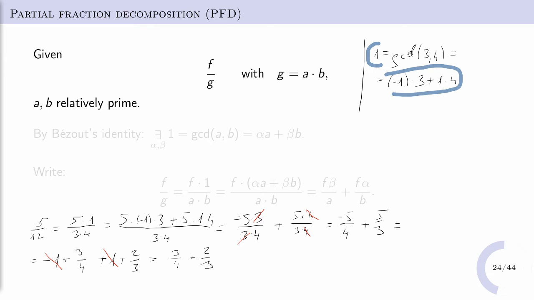We can now use the same thing with respect to a rational function, or in fact to any fraction over a unique factorization domain.